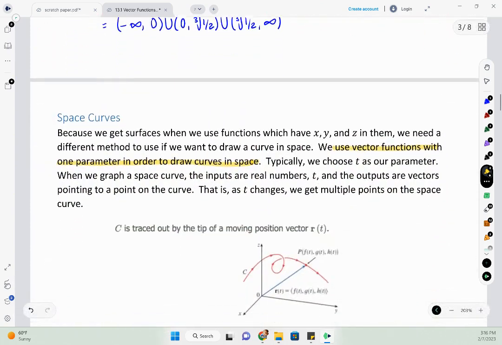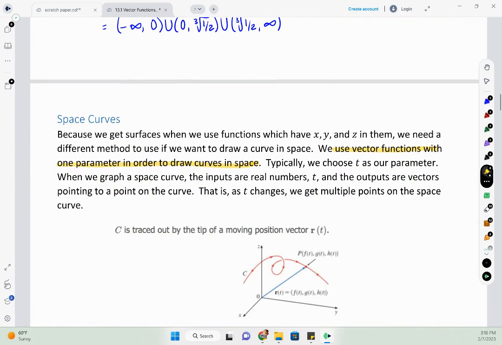Okay, so we always choose t. Every now and then you'll see a problem where you have 2 vector functions, so one of them is in terms of s. s and t are typically used. We do not use x, y, and z because those are the values of the coordinate, our ordered triple in 3-space.